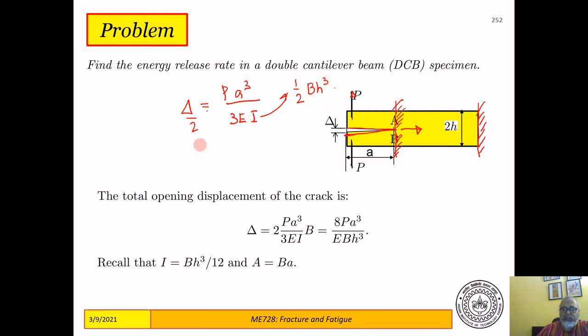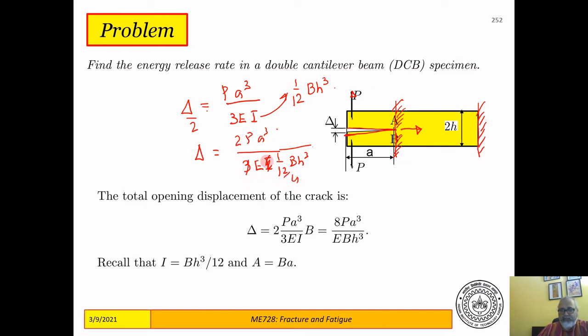So the total delta is going to be 2P a cube by 3 EI, which gives 1/12 b h cube, and this will give rise to 8.